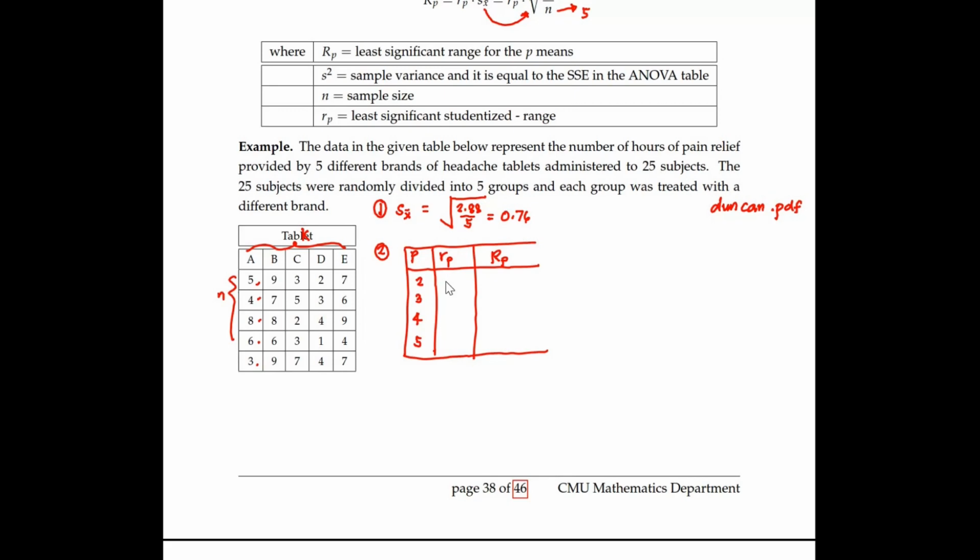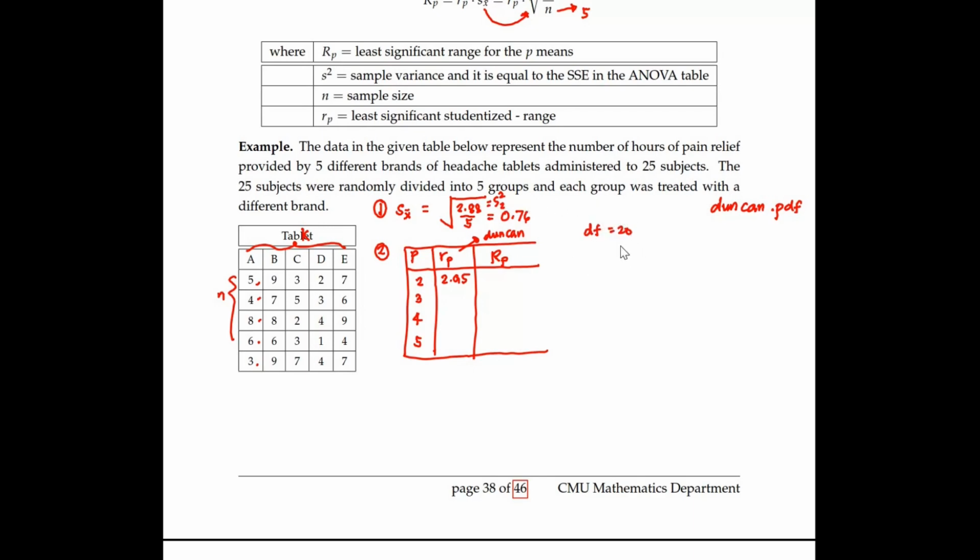So for r sub p, this is from the table of Duncan's multiple range test. This is 2.95, with degrees of freedom equal to 20, and S squared of 2.88, which is the mean square error.